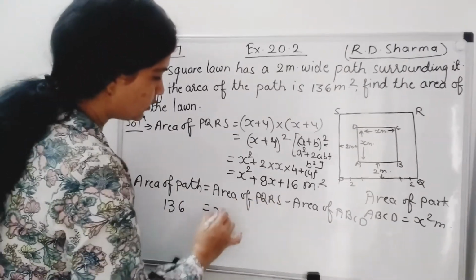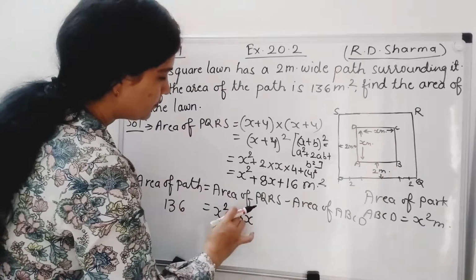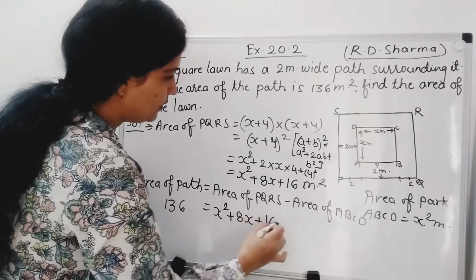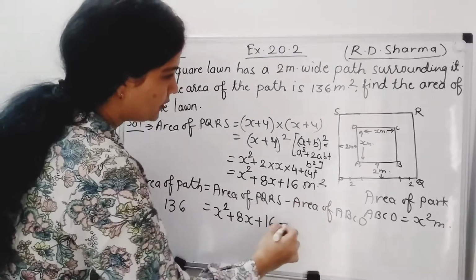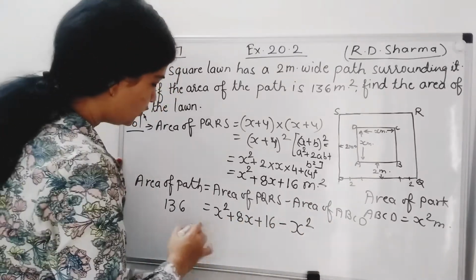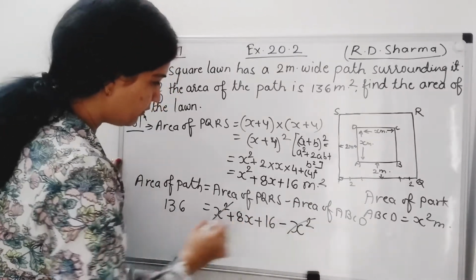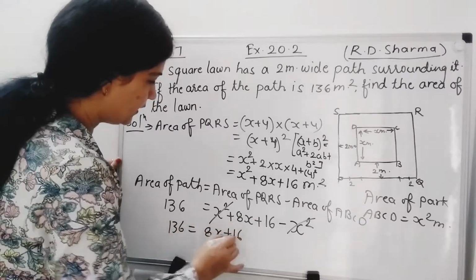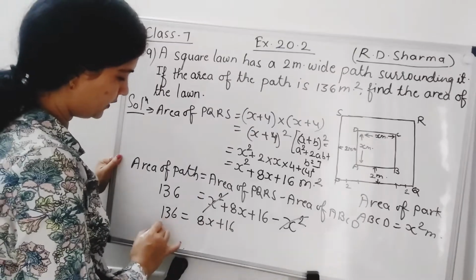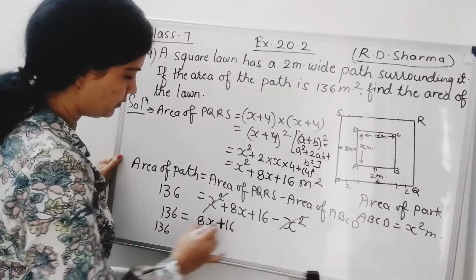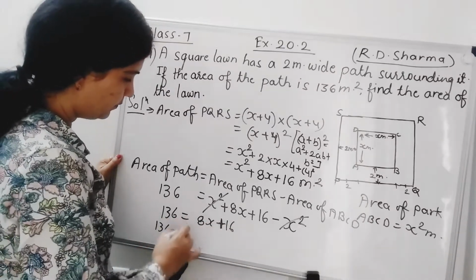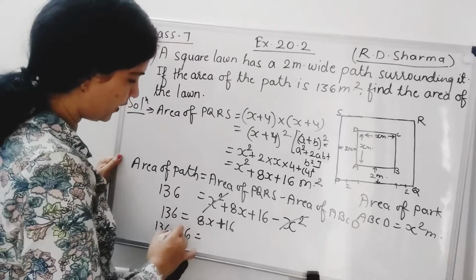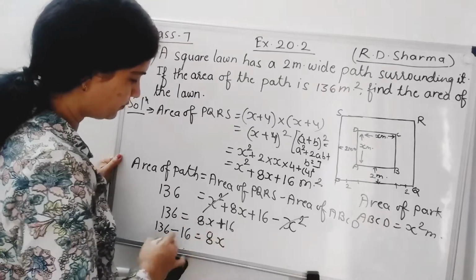Area of PQRS is x square plus 8x plus 16, minus area of ABCD which is x square. Here this is positive, this is negative, it will be cut. So 136 is equal to 8x plus 16. Now this is plus 16, so we will change its side. So it will be negative 16, 136 minus 16 is equal to 8x.